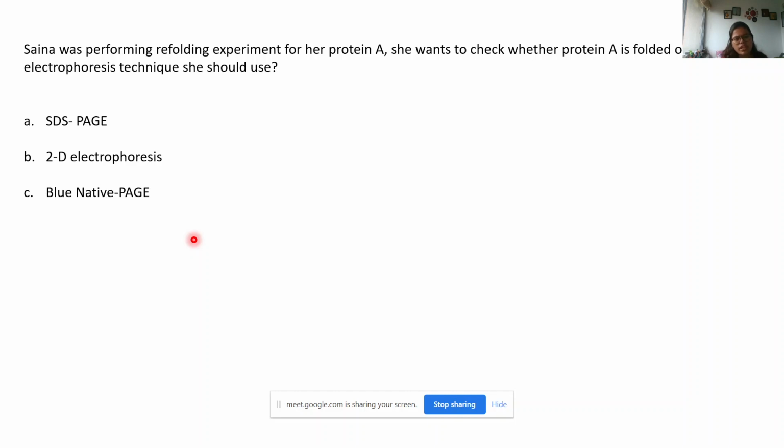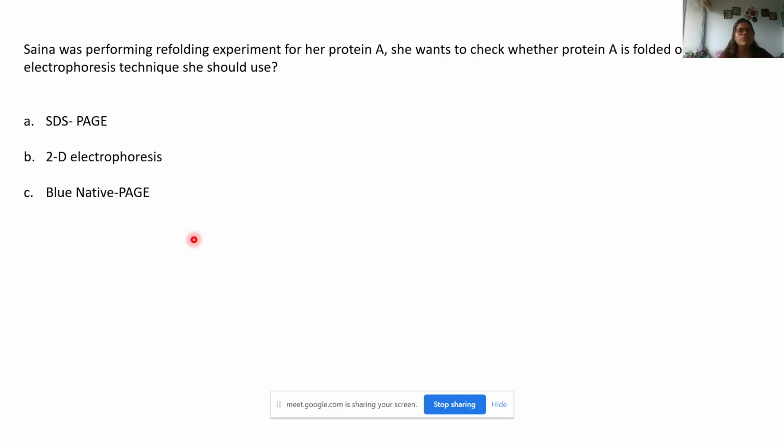Native PAGE. Yes, correct. In blue native PAGE, we are not using SDS. Rather, we are using Coomassie blue dye. This dye does not denature the protein, compared to SDS, so the native structure of the protein is retained, apart from the dye providing the charge to the protein.